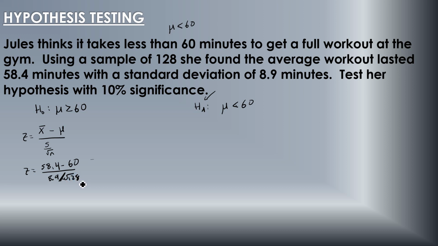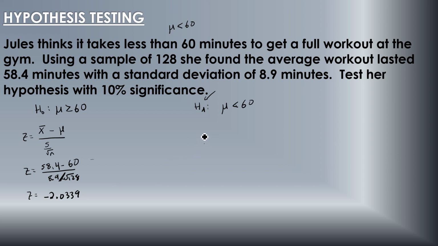The idea being that if our sample size is quite big, then we're very confident of our results. When this is all typed in, we should get a z-score of negative 2.0339.